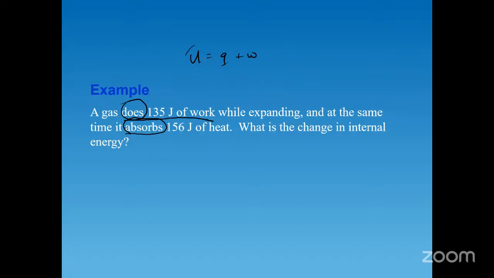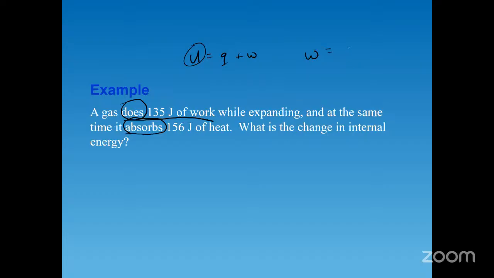So the question is asking for ΔU, and the question gives you the amount of heat change for Q and for W, right? Now let's look at W first, since that's the first information here that is given. When the question says that the gas does 135 joules of work, what does that mean for the sign associated with that work? Negative. Exactly.